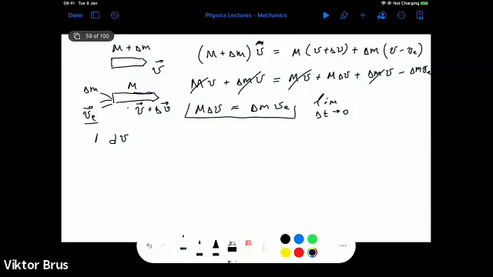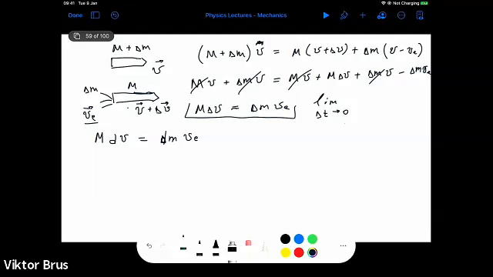So it will be capital M times dV equal to dm, it's already not delta, it's dm, a very small change in mass because we consider a very small interval of time, times V_E.